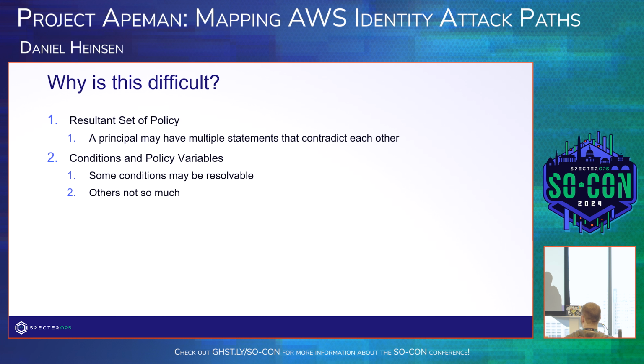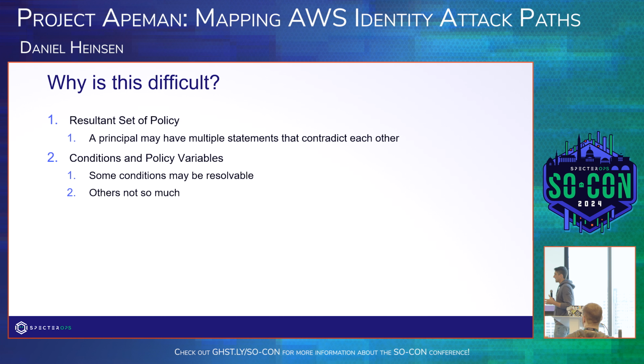So a policy might say you can do X number of actions on Y set of resources, and then another statement says you can do a subset of X on a subset of Y, or that's denied. And so there has to be this synthesis of, what can I actually do? After all is said and done, after all the deny statements are taken into account, after all the conditions are solved, what can I actually do, right? So that's the resultant set of policy. That's the first difficult problem.